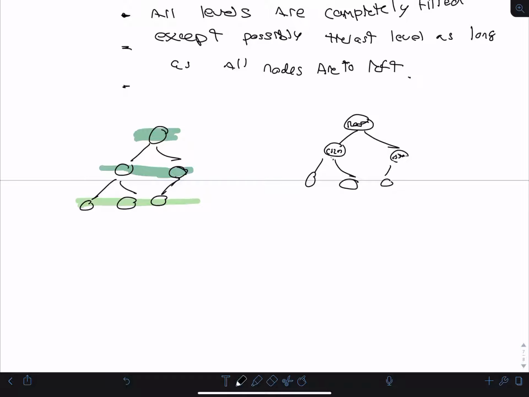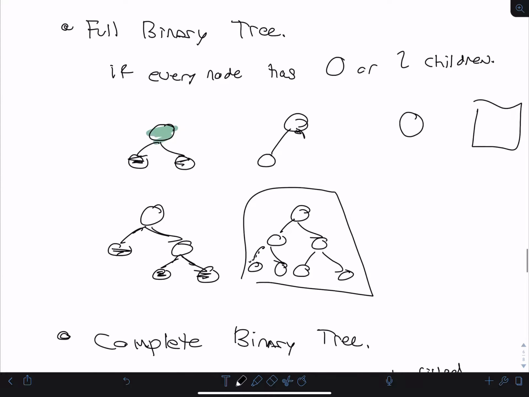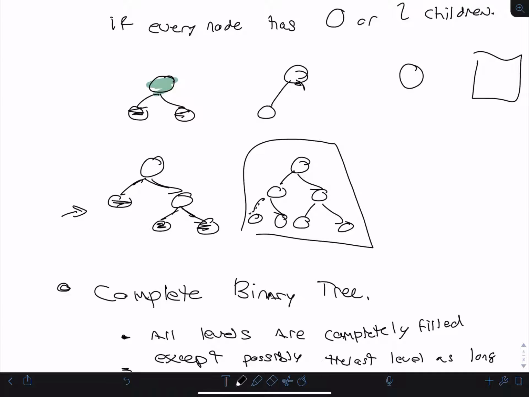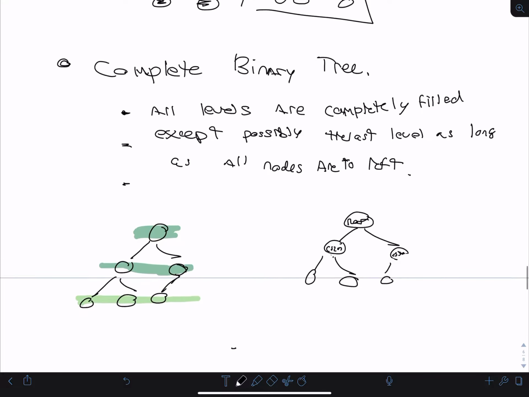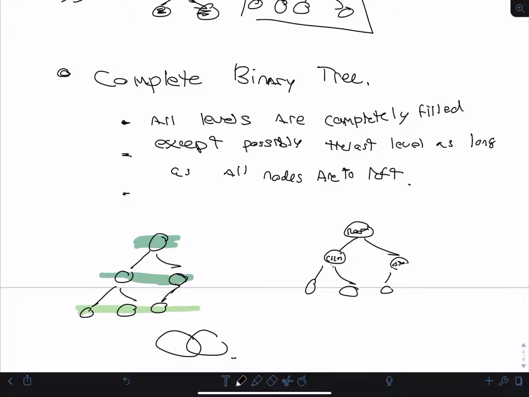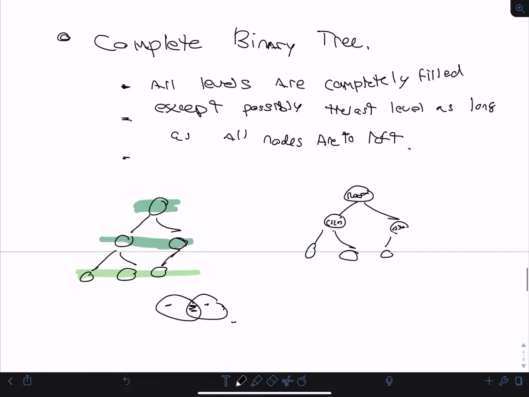Vice versa would also be the case, because that's a full binary tree, but it is not a complete binary tree, right? So they're not necessarily interchangeable. If you look at a Venn diagram, there is a certain intersection between them, but there are also special cases outside. So we good on that?